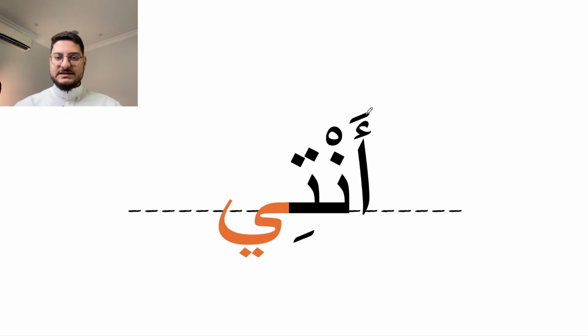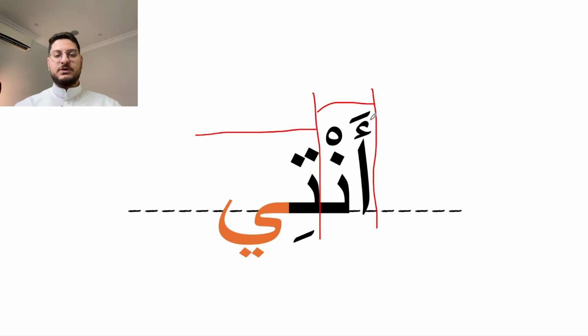Let's look at this one. I see a haraka in here, so that's the beginning of a syllable. Another haraka in here, so that's the beginning of another syllable. Now the first syllable is an, and the second syllable is ti, and I hope you can see why I'm doing this.